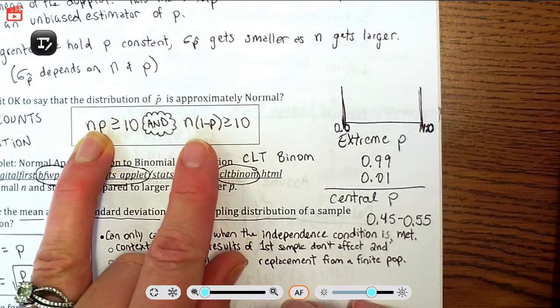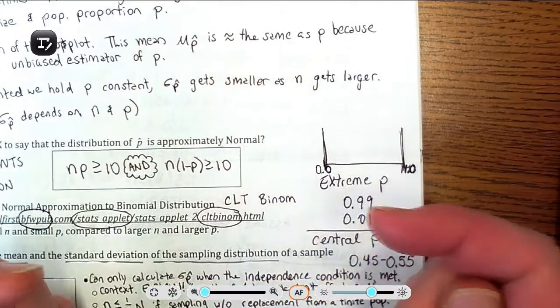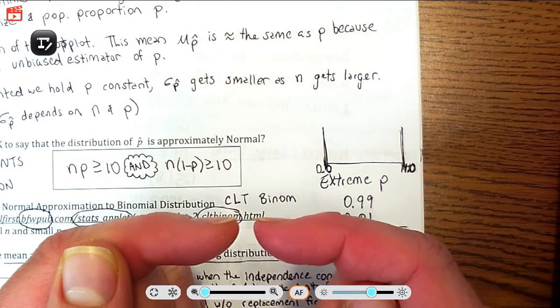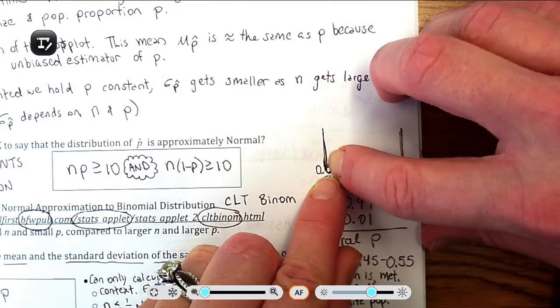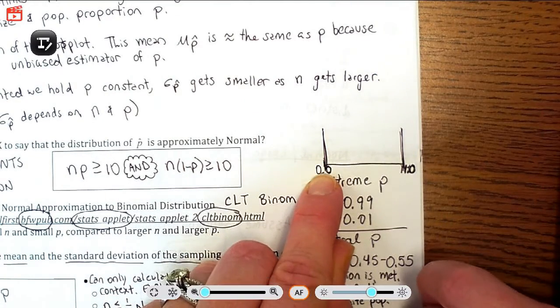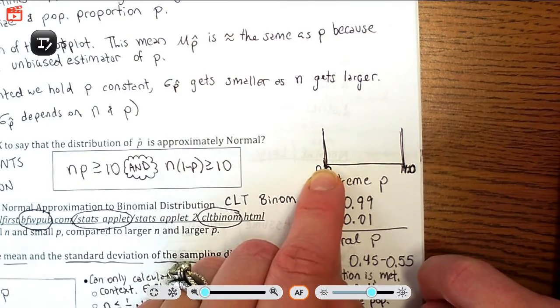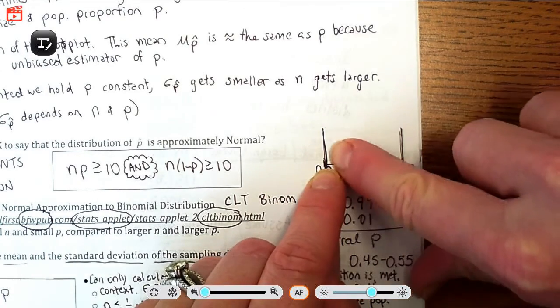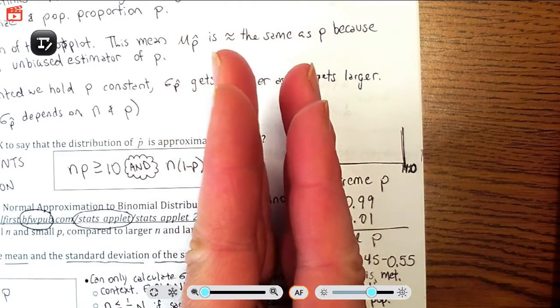And that has to do with the fact that as we increase our sample size, we decrease our standard deviation. And so if we are going to have a center right here, very, very close to 0.00, which there's no values less than that, then we would have to have a very, very narrow normal curve.